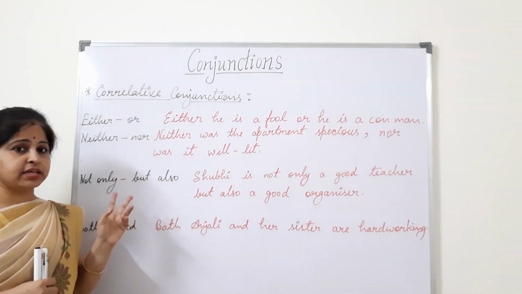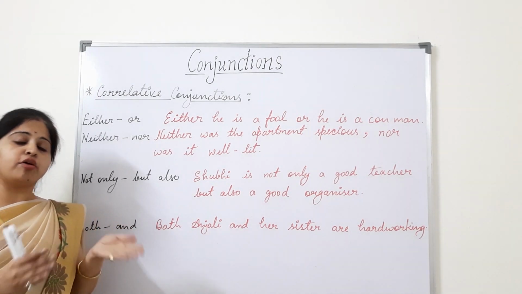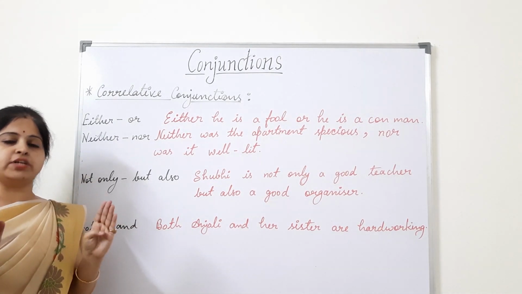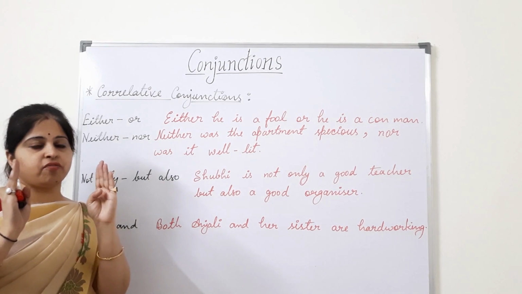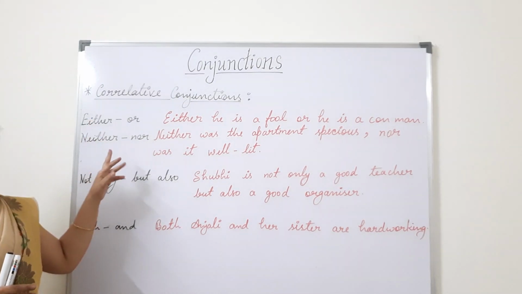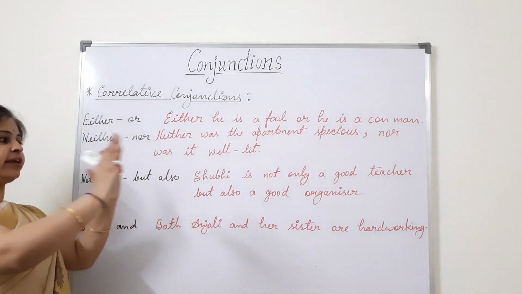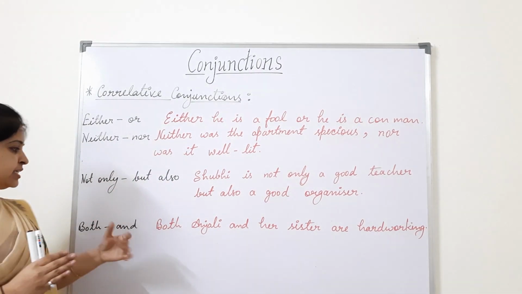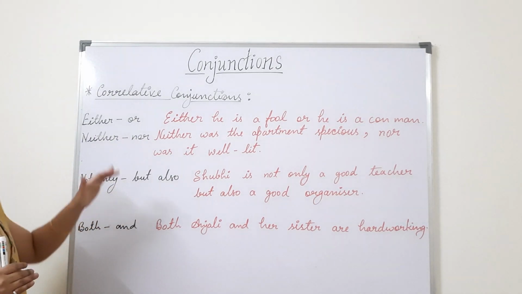Compound conjunctions do not make pairs. They are formed with a group of words, and that group of words is taken together. Correlative conjunctions are separate, but they always go hand in hand. In a sentence, you will find both of them. Okay, let's see the examples.